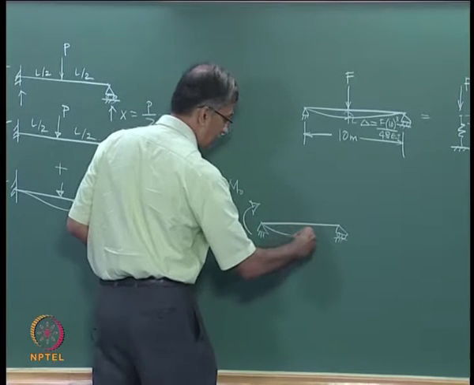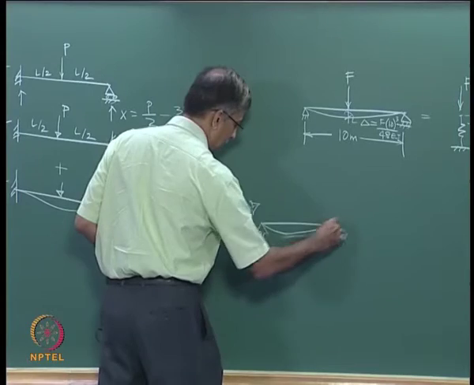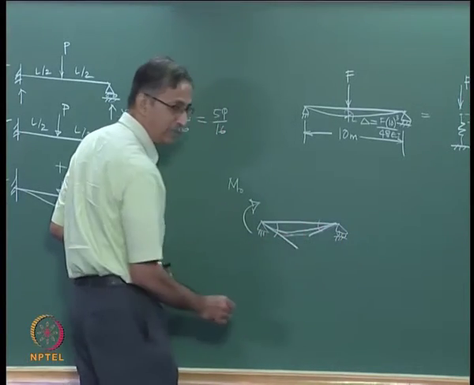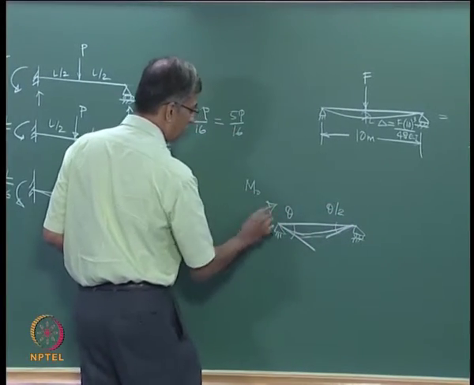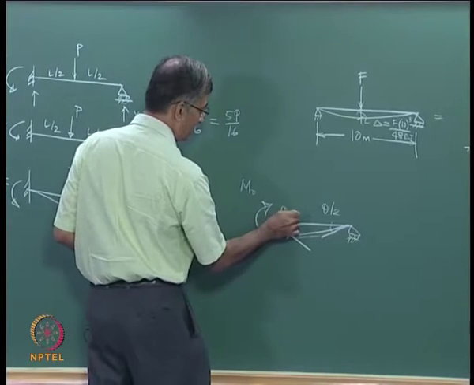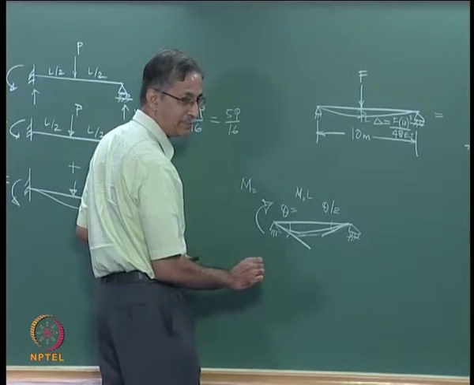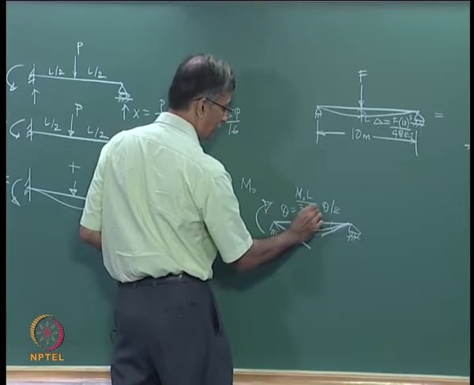This is going to rotate like this. What is the relationship between these two angles? This is twice that. And what is this relationship? Theta will be M naught L by 3 EI, right.